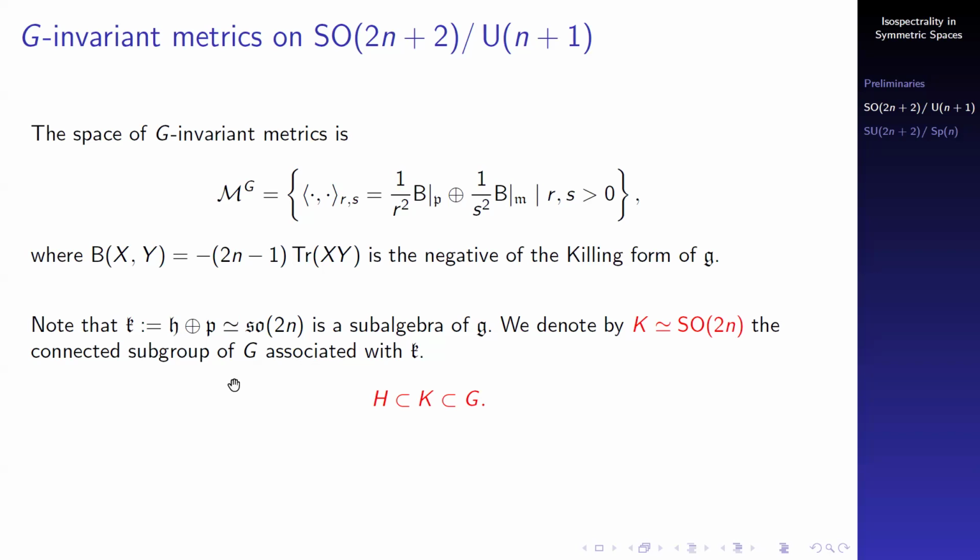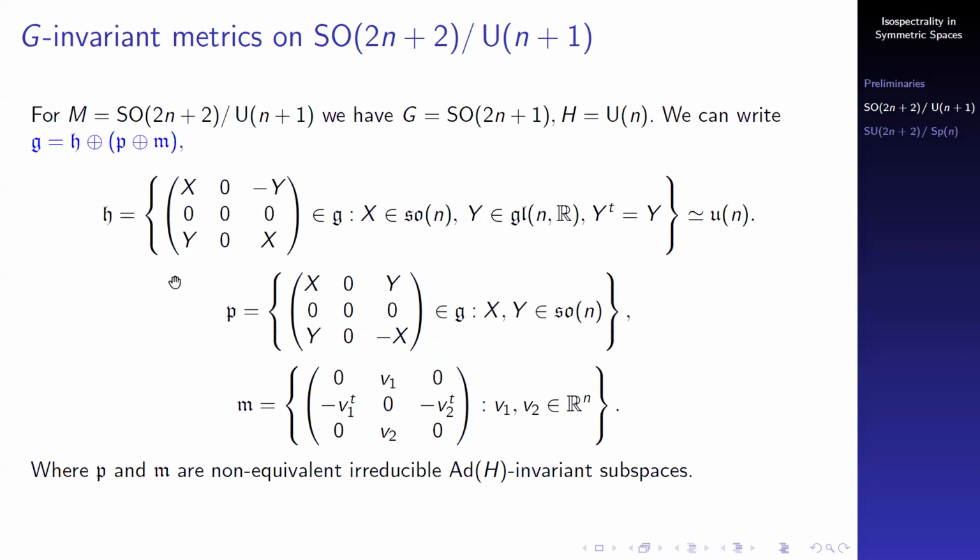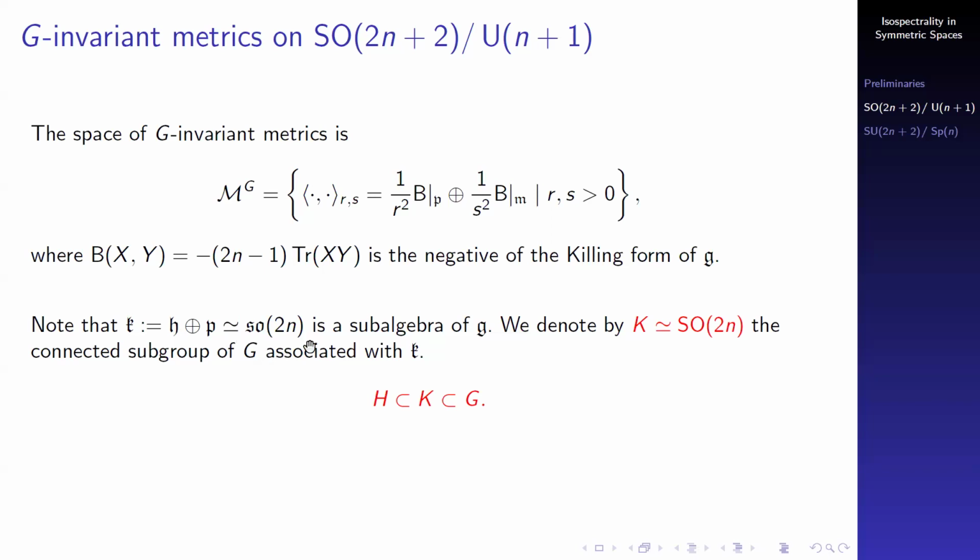So here we have the following. Note that if we take H plus P, we have SO(2n) as a subalgebra. We have a subalgebra which is isomorphic to SO(2n).